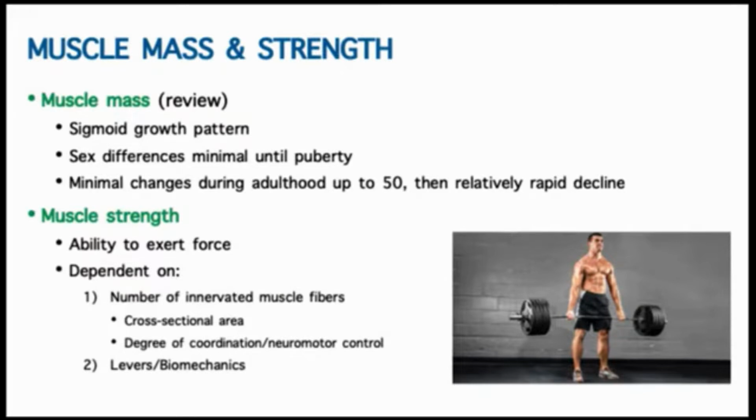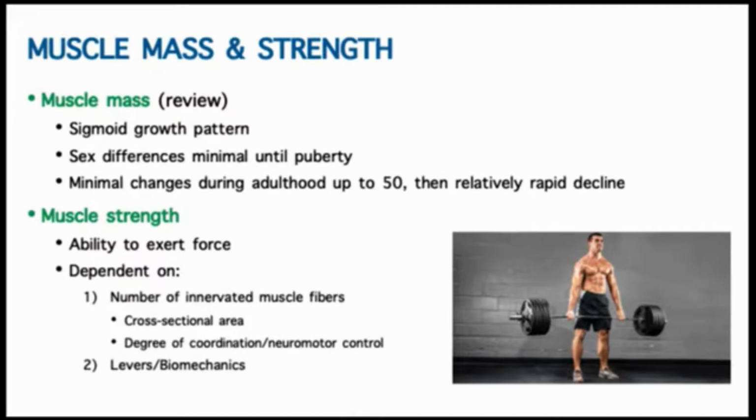Okay, and we know that there are two different types of muscle growth. There is hypertrophy, in which we are increasing the size of a single fiber, but there's also hyperplasia, in which we can add cells or add more muscle fibers.